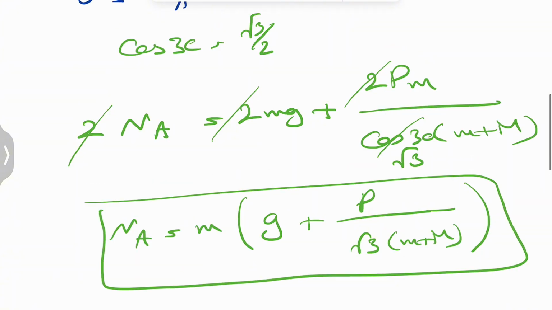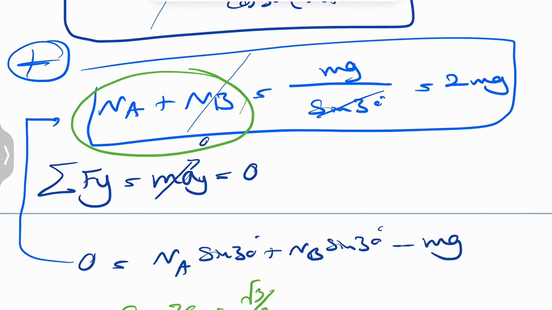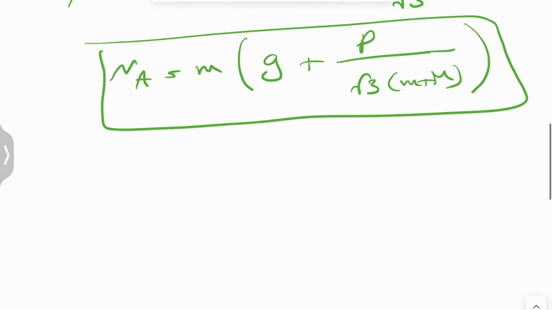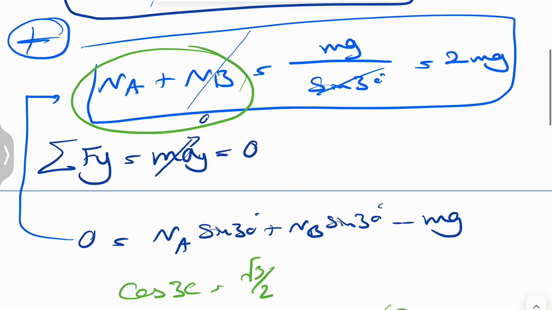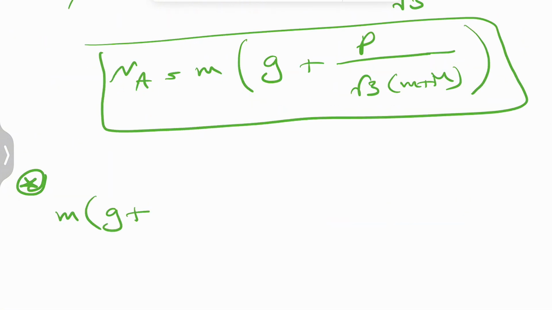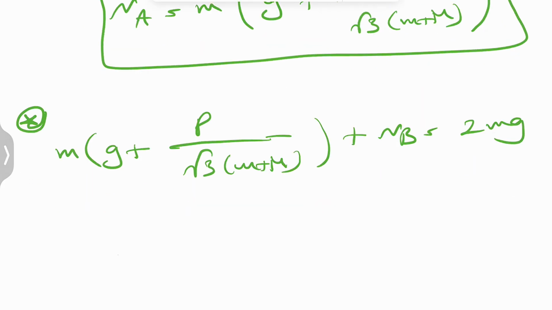And for NB, we can use one of the equations that we have. This one's the easiest. So NA, which is that value, I'm using in this equation here: m times g plus P over square root of 3 times M plus m, plus NB is equal to 2mg. Everything is going to go on the other side.